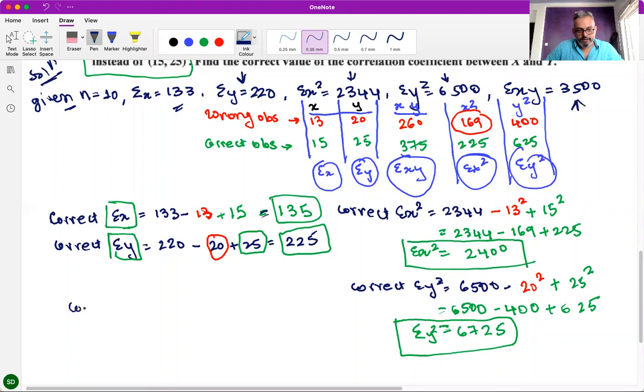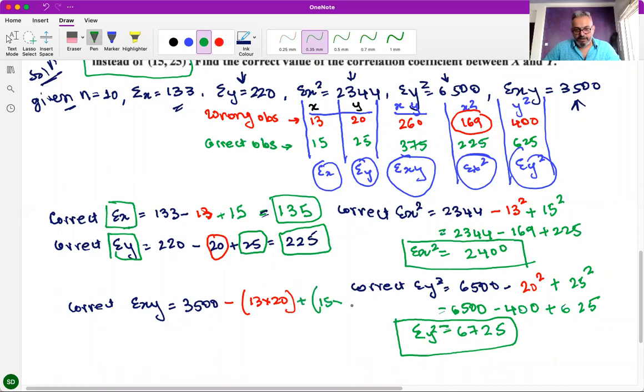So correct sigma xy is equal to 3500 minus, ध्यान दो please, minus wrong observation 13 into 20, correct observation is 15 into 25.